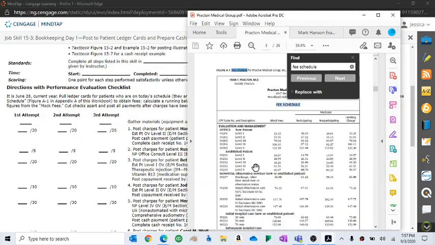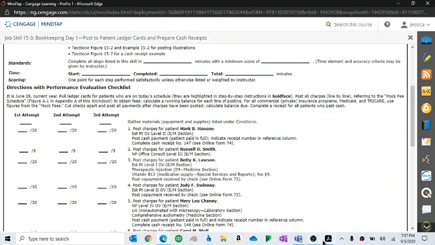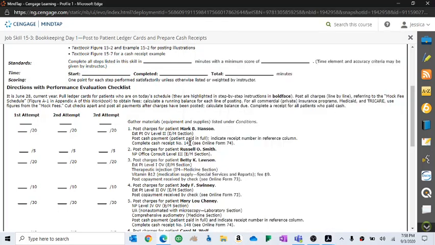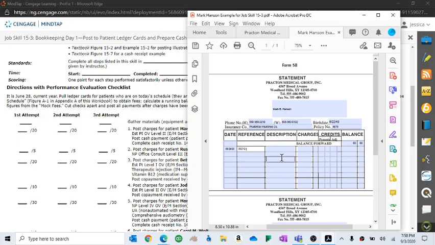Let's pull it back up and see. We've got a 99212. And then we also want to reference his cash payment, the cash receipt, which was number 147. So we'd make sure to reference that, receipt 147.